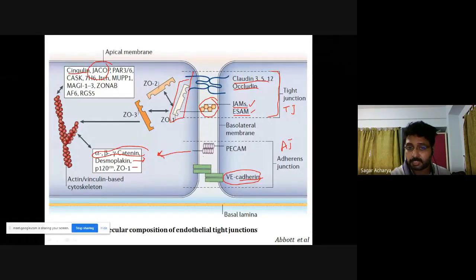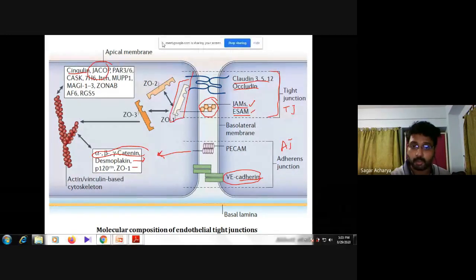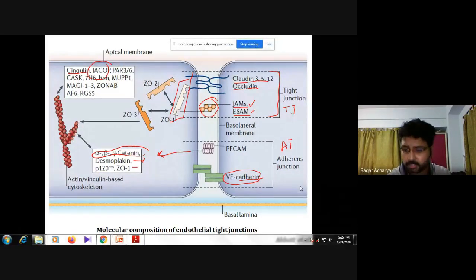The linkers catenin, p120, and desmoplakin link the cytoskeleton with the junctional complex.